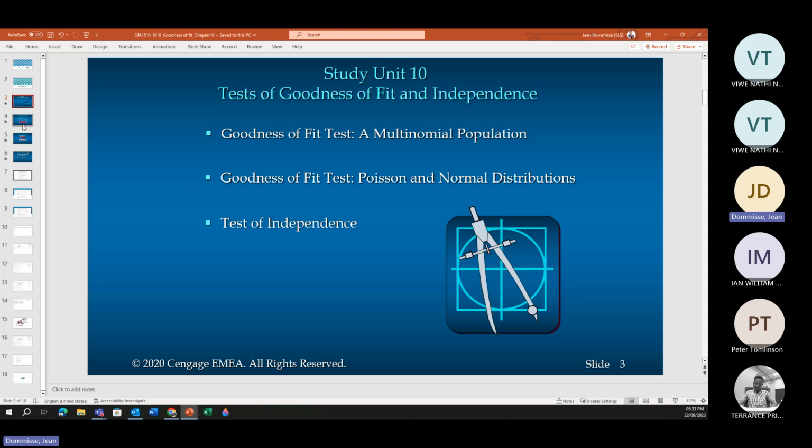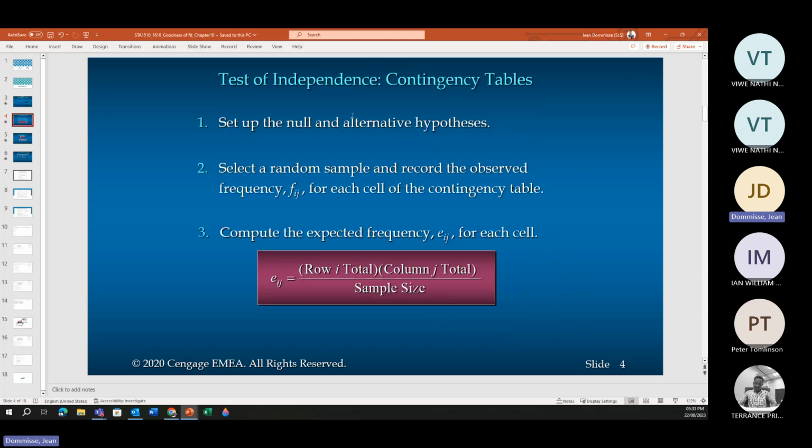What happens with a chi-square test is normally we're looking at they say contingency tables, but also nearly, if you call it, a crosstab. So test of independence normally look at 2 variables.